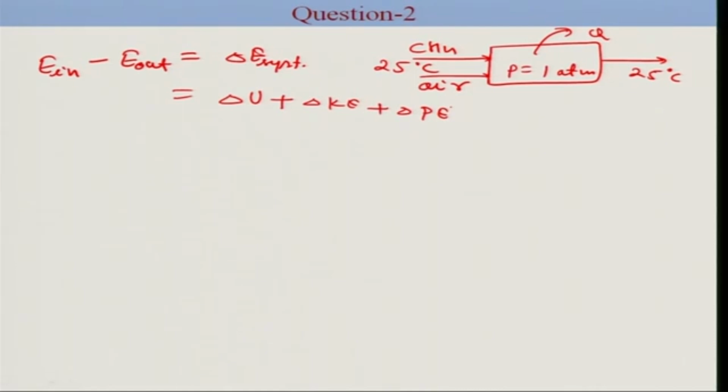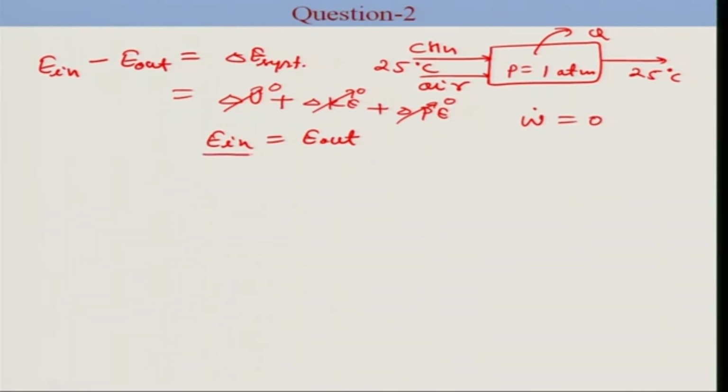And we also assume that change in kinetic energy is 0, potential energy is 0, since temperature is constant. So, this delta U will also be 0. That means, energy in will be equal to energy out. Since there is no shaft work, the W dot will be 0.